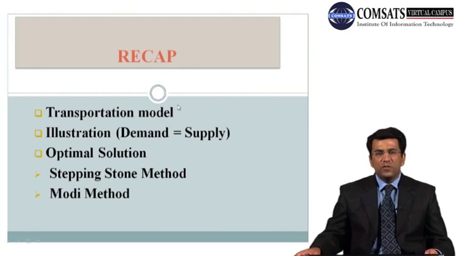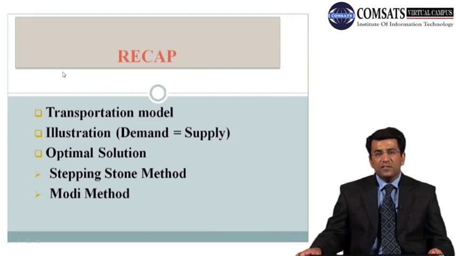You must know the per unit cost from a particular source to the final destination, the demand of the different destinations, and the total capacity or the supply capacity of your organization. After knowing this information, you can always devise a transportation plan which can help you to minimize the total transportation cost.